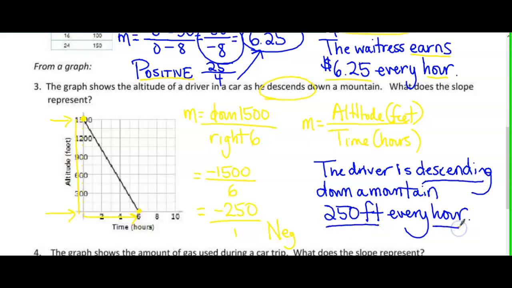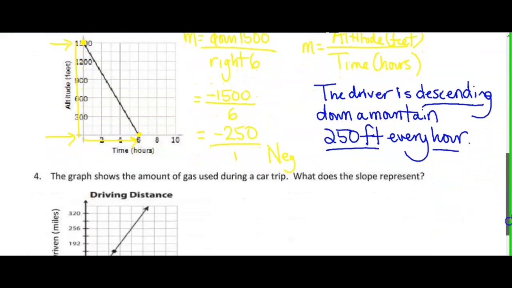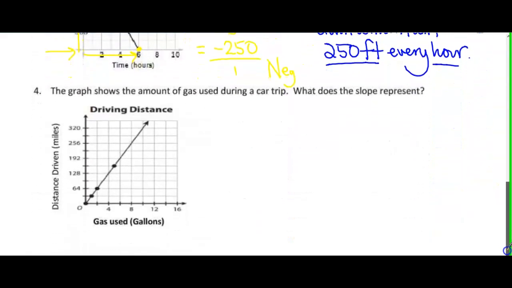We have one more, and it's another graph, but I'm going to have to do this one differently because they give me ordered pairs. So if you want, you can use your ordered pairs, which I'm going to use in this example. This is about gas being used during a car trip. So even though they give me a graph, you might not want to do the counting method, so you can use your ordered pairs. Now, this is 0 to 4, so in between it must be a 2.